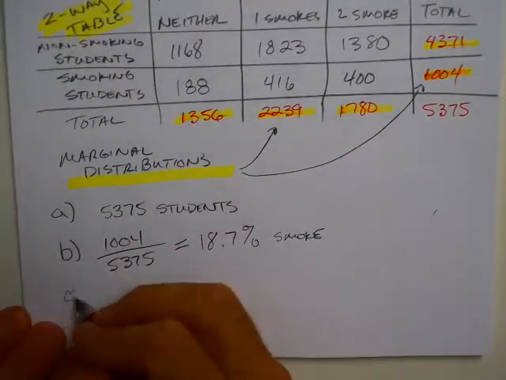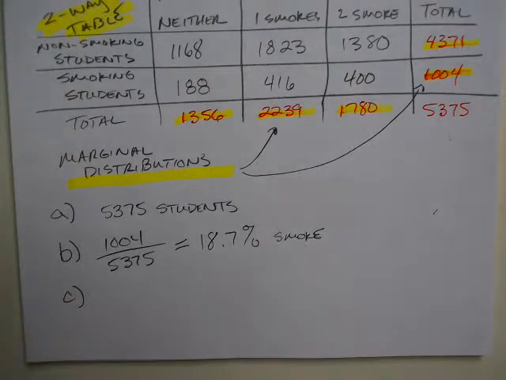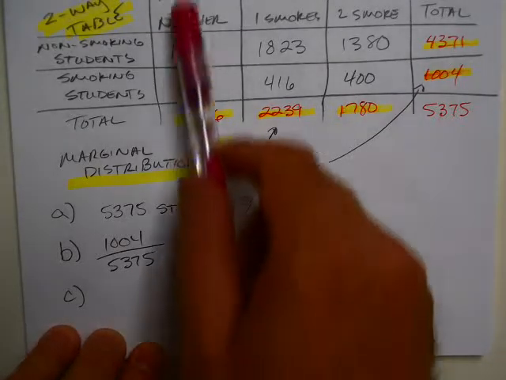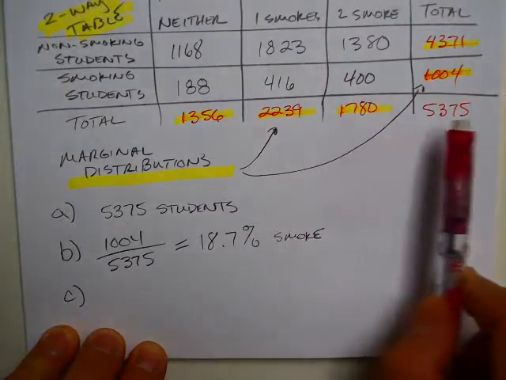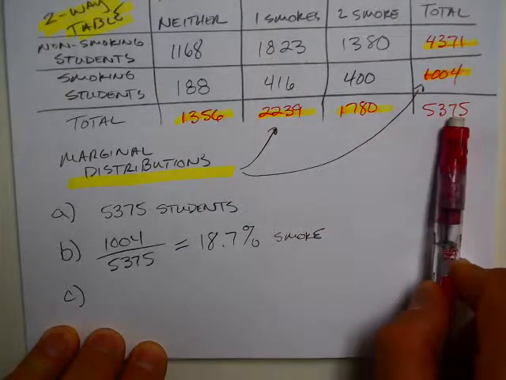And C asks us for, let's see, how does it ask us? It says, give the marginal distribution of parents' smoking behavior both in counts and in percents. Counts is important. That's just the number. So what we're looking at here is the parents' information in relation to the total.